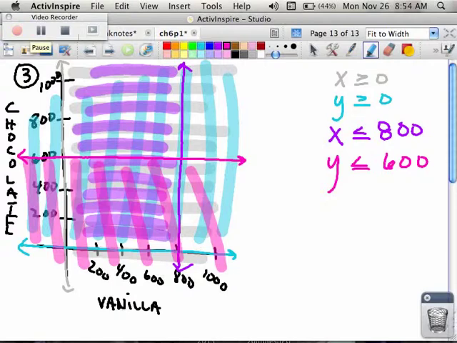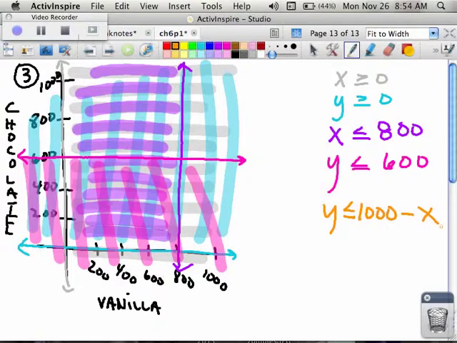So our last constraint was the one that we did in the orange, which said the maximum amount of buckets or quarts that we could make out of this ice cream is 1,000. I'm just going to rearrange that a little bit. When we originally did it, we said that x plus y was less than or equal to 1,000. As usual, I'm going to move the x to the right-hand side. So I'm going to get y is less than or equal to 1,000 minus x.